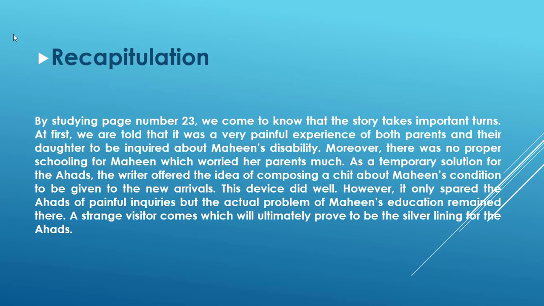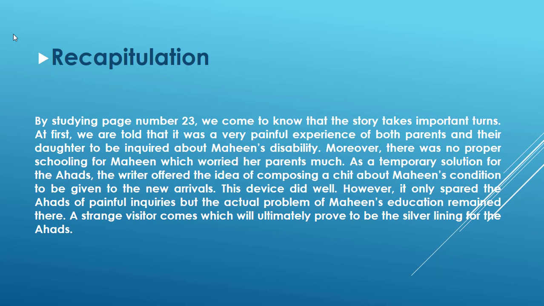Now we will recapitulate page number 23. By studying page number 23, we come to know that the story takes important turns. At first, we are told that it was a very painful experience of both parents and their daughter to be inquired about Maheen's disability. Moreover, there was no proper schooling for Maheen, which worried her parents much.